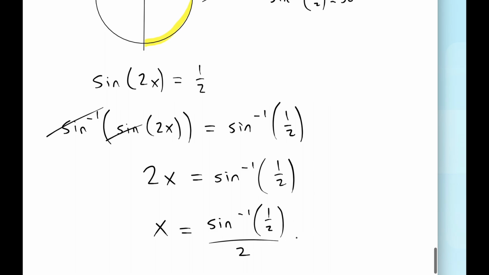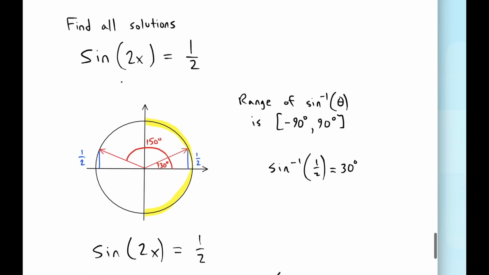If we plug this into the calculator, we are going to get one answer, which is 15 degrees. But that is not the only solution to the equation, because there could be potentially many other things that we could plug in for x here and get 1/2.